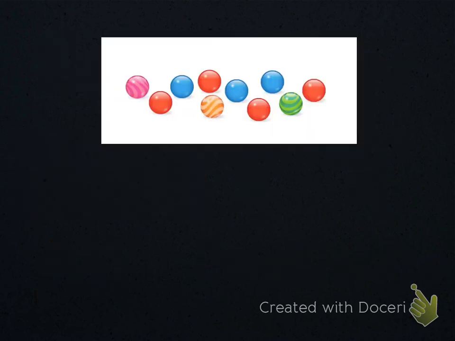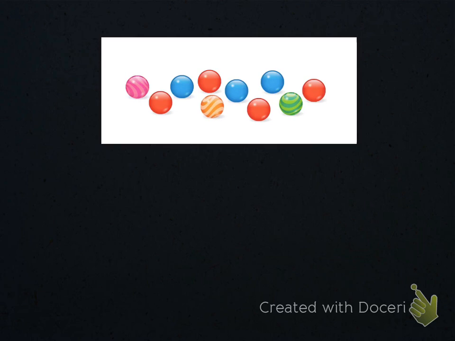Let's look at one last example which has a little more to it. So we can come up with quite a few fractions for this picture. So we have a set of marbles here, and remember our denominator is always how many we have all together. That would be our bottom number of our fraction. Our top number will be whatever part I'm asking you about or the fraction I'm asking you for.